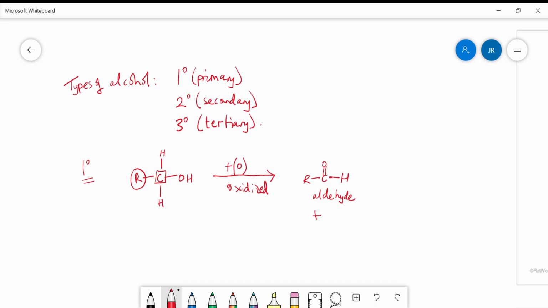Let's put the water down here because there's a second reaction where the aldehyde can be further oxidized. Let's just say add more oxygen to give a carboxylic acid.